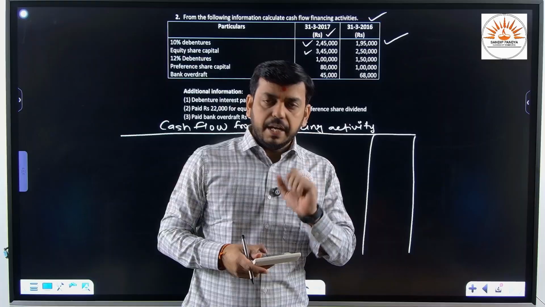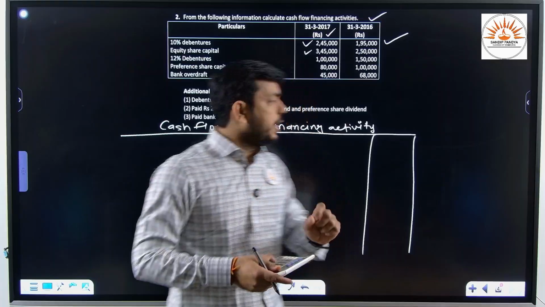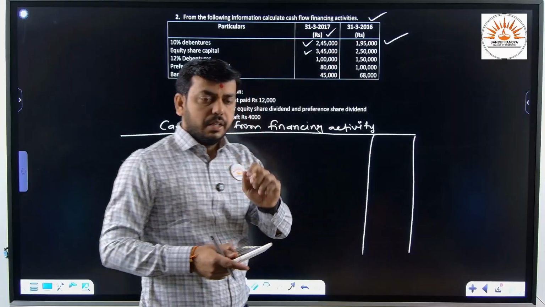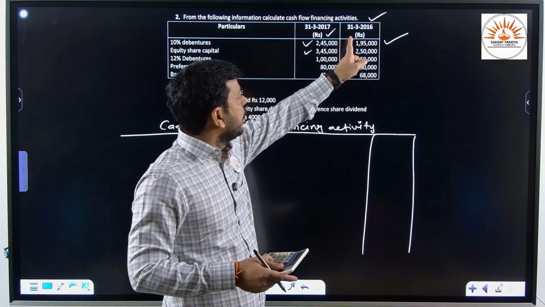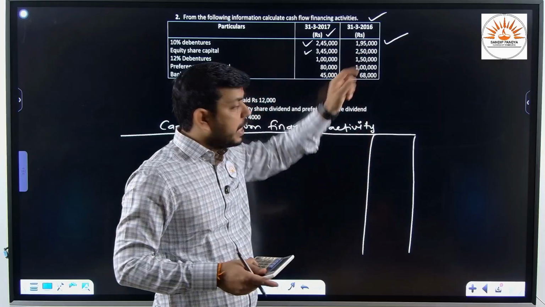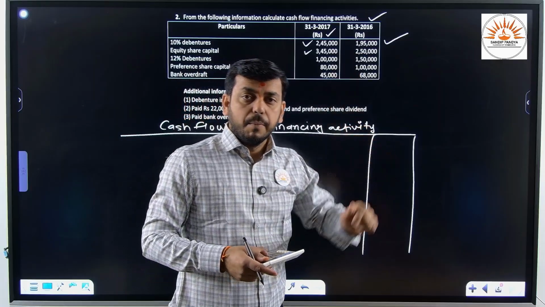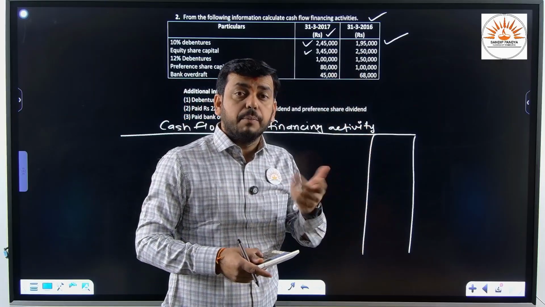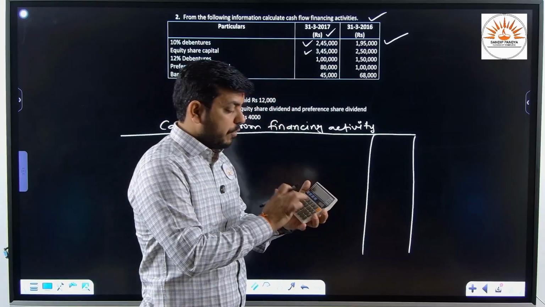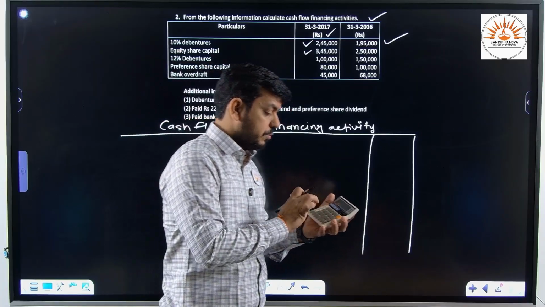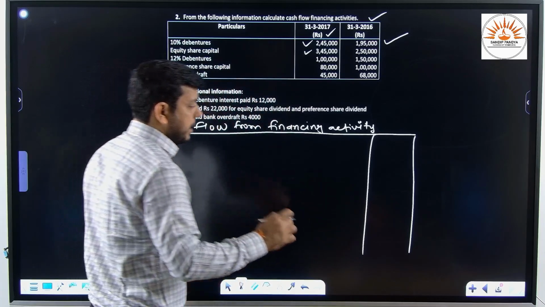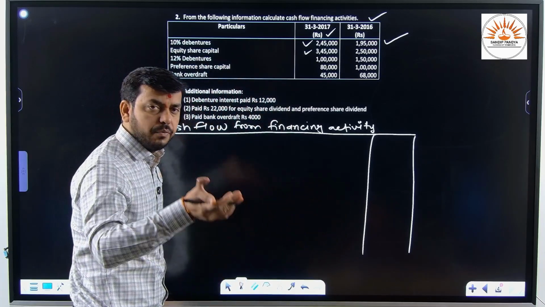So how much additional amount have we received? What students write is either 1,95,000 or 2,45,000. This is not the case. Whenever we started our year on 1st April 2016, we already had a balance of rupees 1,95,000 in the debenture account. But during the year we received some additional amount. So how shall we find the additional amount? 2,45,000 minus 1,95,000, that is 50,000 additional cash we have received from debenture.